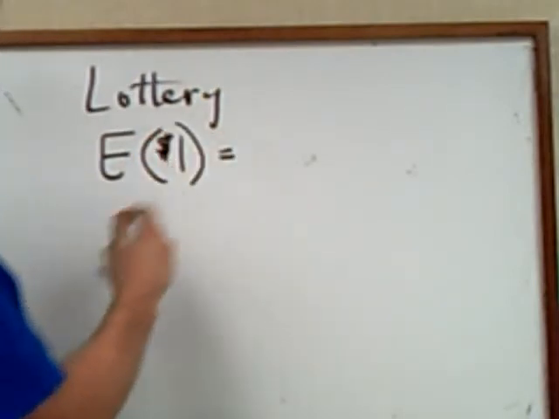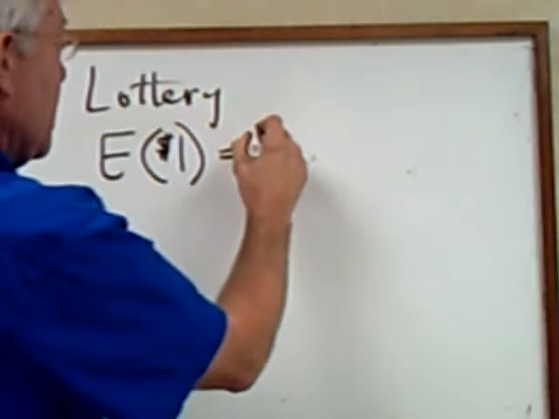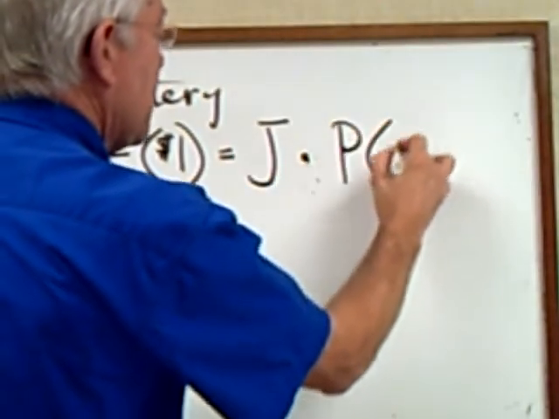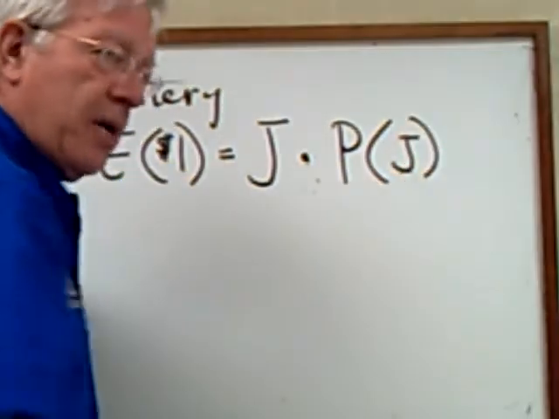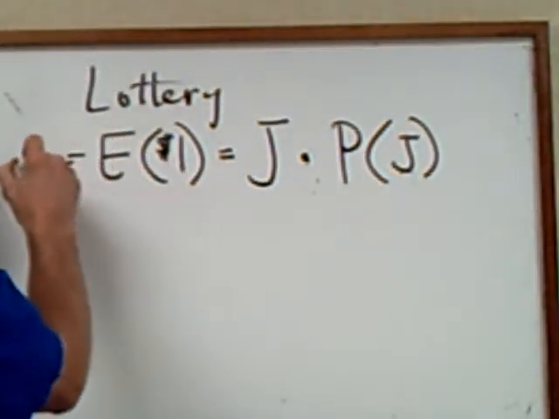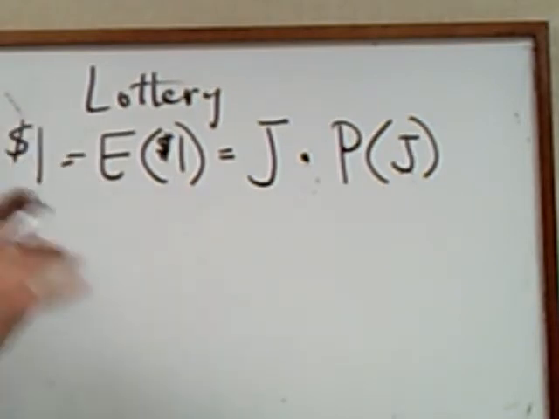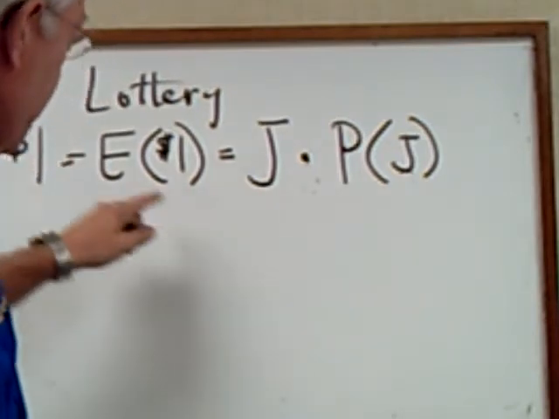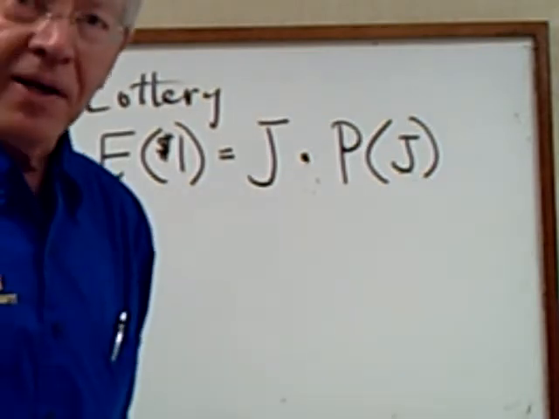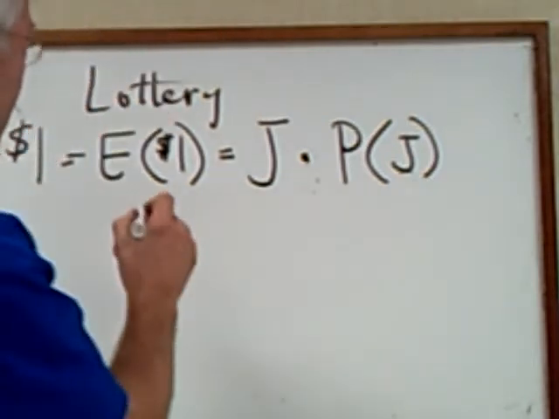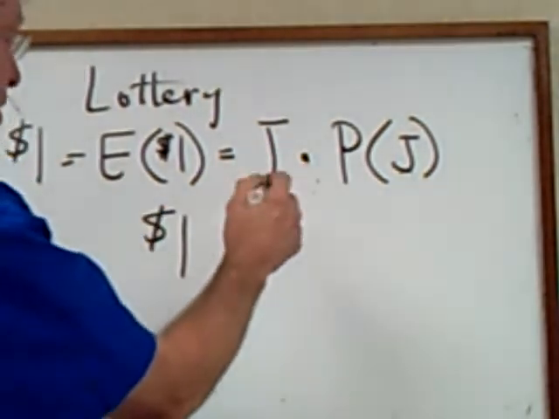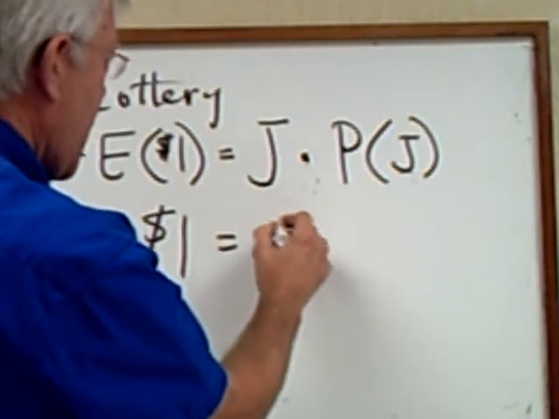Well, in the case of the lottery, it would be the jackpot size times the probability of winning the jackpot. Okay? And I want my expected value of $1, if I'm applying finance rules to this lottery, I want my dollar to be worth, well, $1.